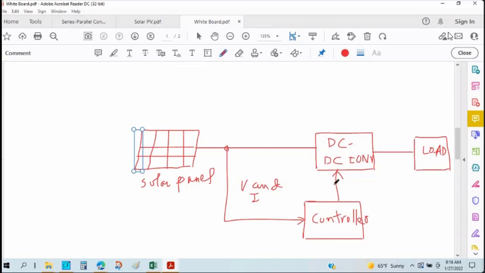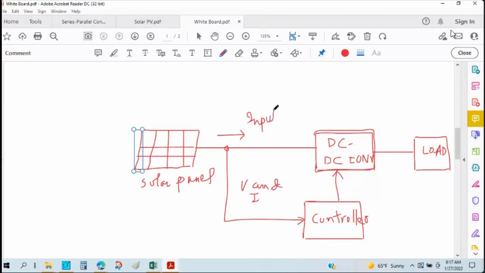The controller will decide at which voltages the DC-DC converter needs to be operated so that we can extract maximum power from the solar panels. This is the power.